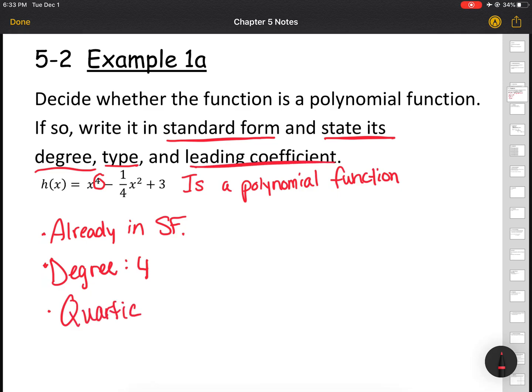And then the leading coefficient, I'm just going to put LC for leading coefficient. Well, my leading coefficient is the line leader of all the coefficients in standard form. Since it's already in standard form, I look at the very front, and my line leader coefficient is 1. So my leading coefficient is 1, and that's all I needed to do.